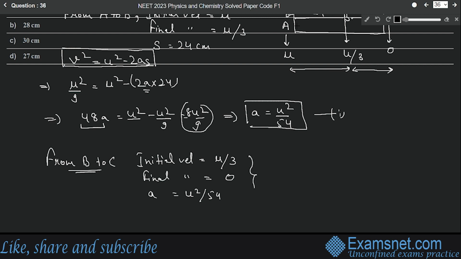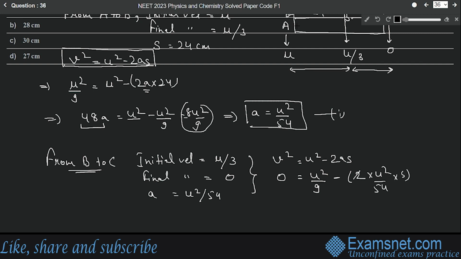So let's find out. Again we'll use the same equation, v square equals u square minus 2as. This time v is 0, so v square will be 0. u is u by 3, so u square will be u square by 9. And this side we have minus 2, a is u square by 54, and s is unknown.